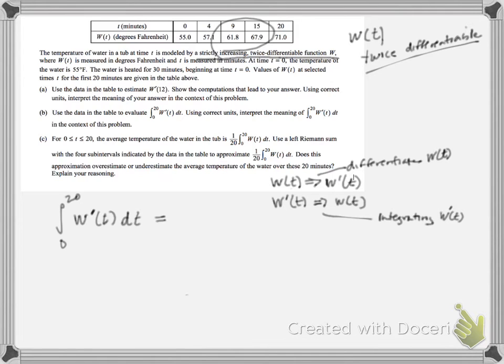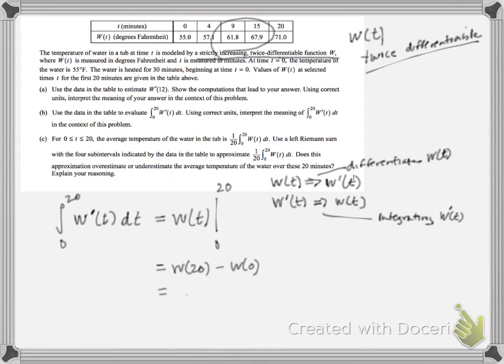So the integral of W prime of t from 0 to 20 would be W of t evaluated from 0 to 20. So I get W of 20 minus W of 0.